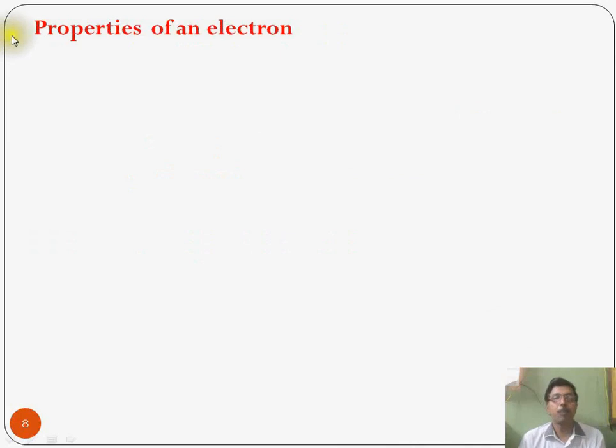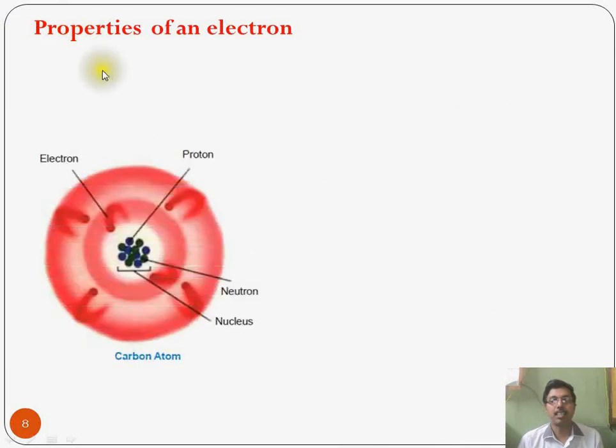Now we can see the properties of an electron. Electrons have various properties. This may have been discussed in the previous semester, but let us take a small intro about the nucleus, electrons and protons.